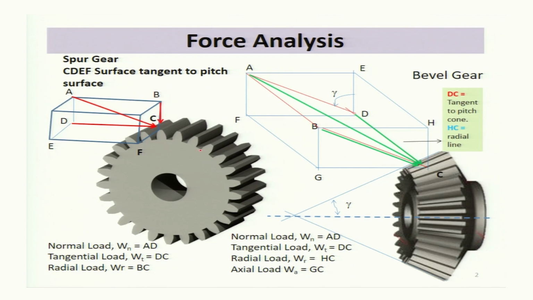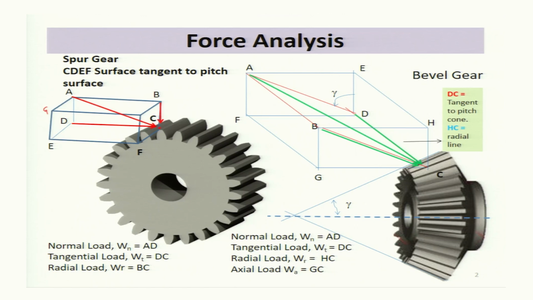In the case of spur gear, let C be the pitch point, where the point of contact is. We have an infinitesimally small element given by A, B, C, D, E, F, and there may be a point called G also.